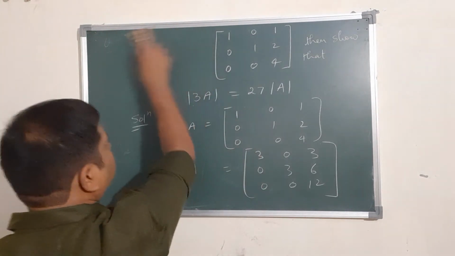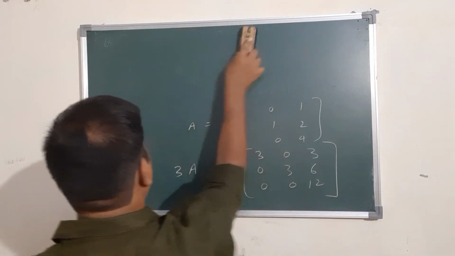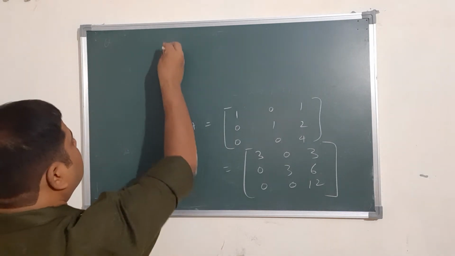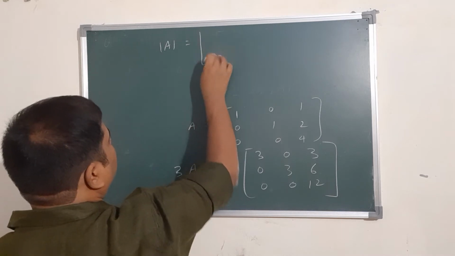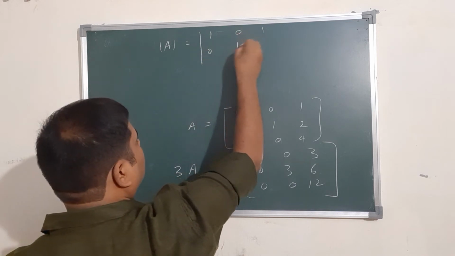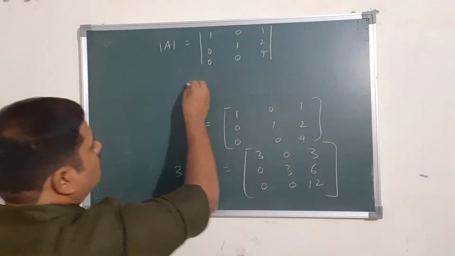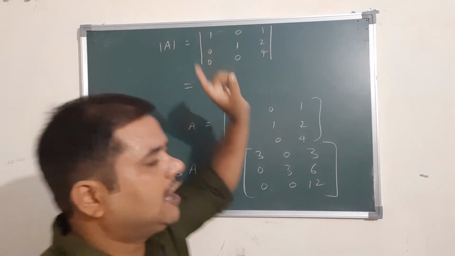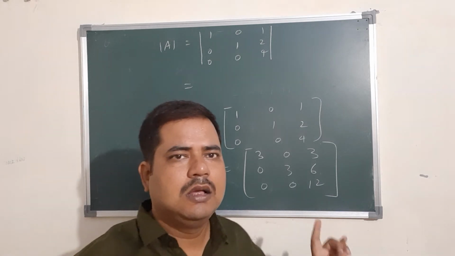So determinant of A is the determinant of 1, 0, 1, 0, 1, 2, 0, 0, 4. I already told you that in the expansion of a determinant you have to expand by that particular row or column where the maximum zeros are contained.